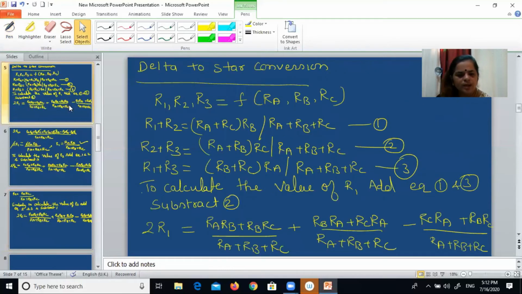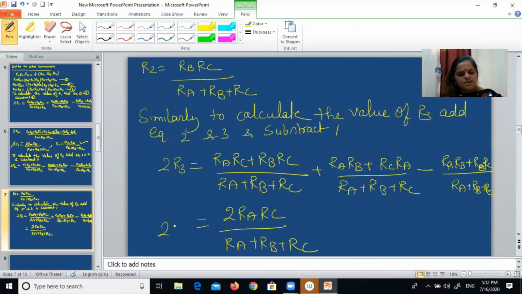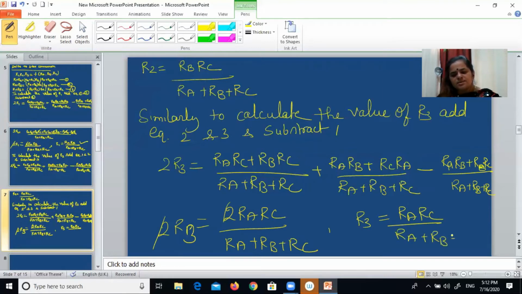For this we get RB RC. Now when I solve it, I will get 2 RA RC divided by RA plus RB plus RC. This is equal to 2R3, and 2 and 2 cancel. So R3 will finally be equal to RA RC upon RA plus RB plus RC.